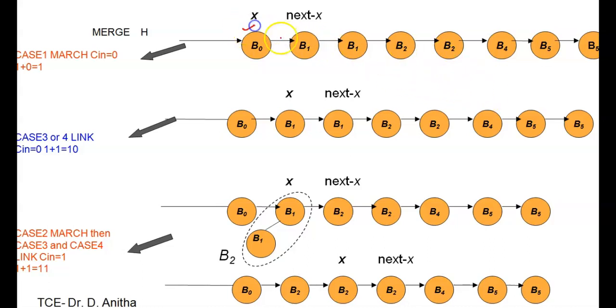Now this is x and this is next x. So I have to look into the order. When I look into the order, this is 0, 0, 0. The cases are the same, so I am moving. And moving, I see this is of order 1, but this is of order 2. So this is case 3 or 4 which links. So which one should I link?